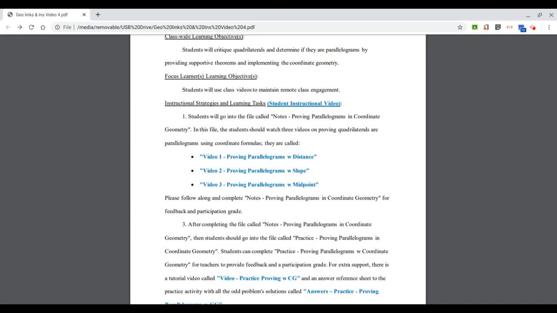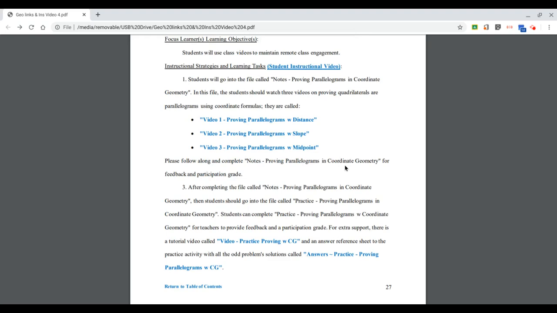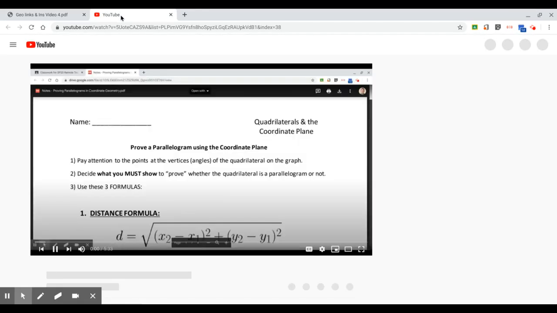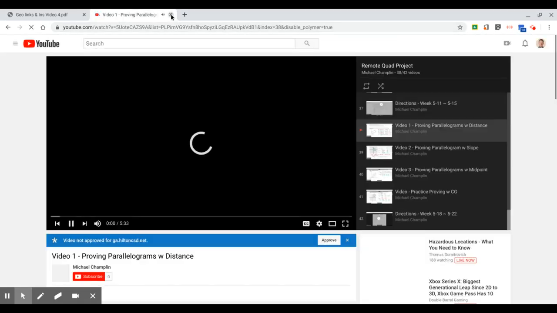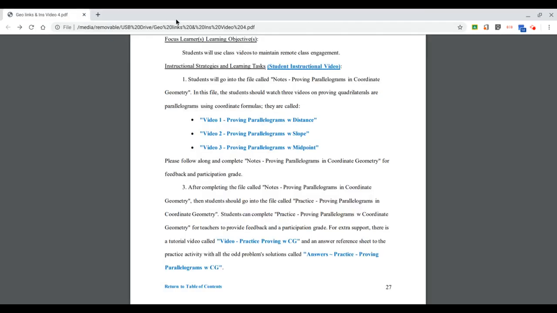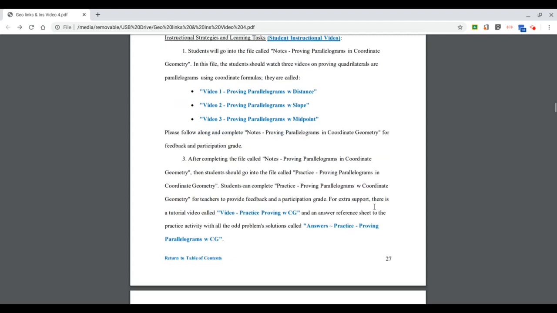After they complete the note portion, they can go into the practice portion. And again, the videos you can view too if you just click on the link. Sorry, I didn't show that. They're all there for your convenience to watch at your leisure. All right, so back to the practice. In the practice file called Proving Parallelograms in Coordinate Geometry, there is a practice activity called Proving Parallelograms with Coordinate Geometry.